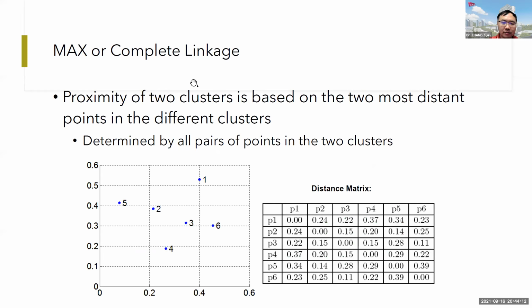And next, how about the max, the complete linkage? If you're using hierarchical clustering and consider the max distance as the computation of the proximity of 2 clusters, then it is called hierarchical clustering with complete linkage.